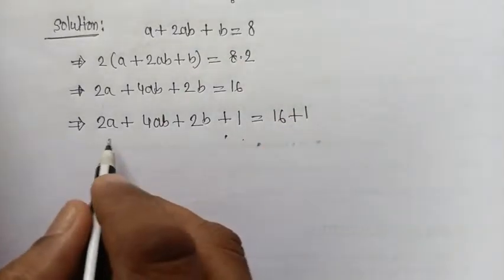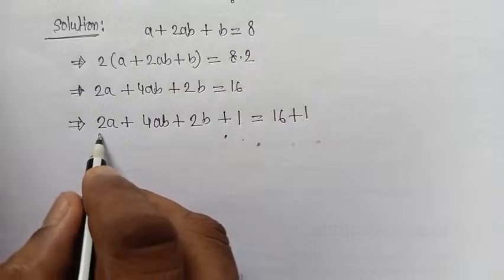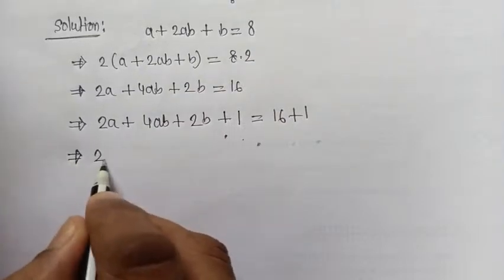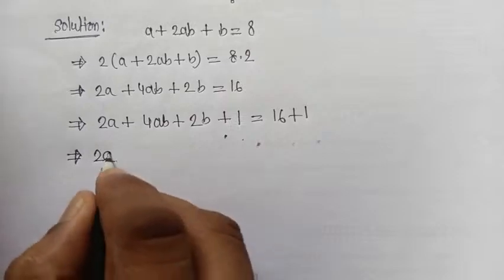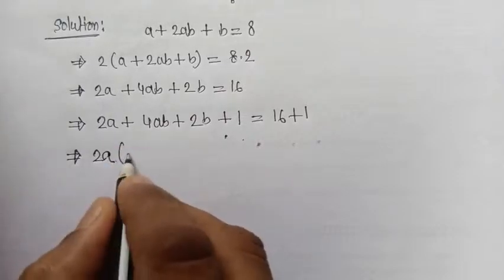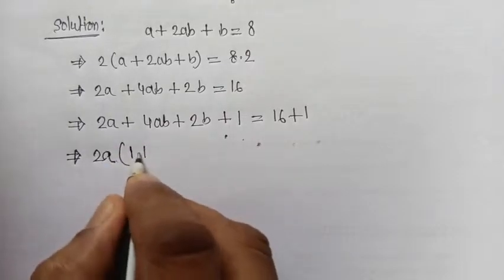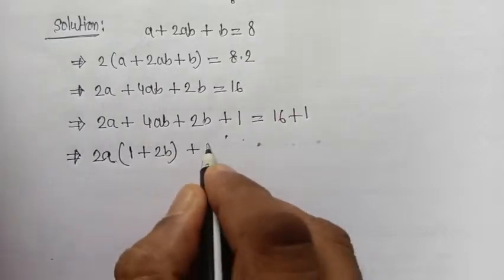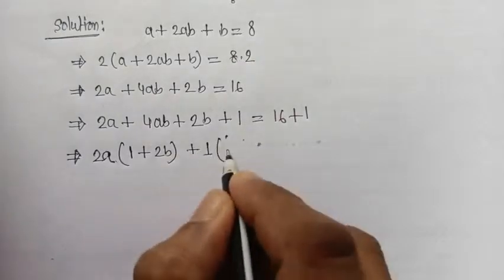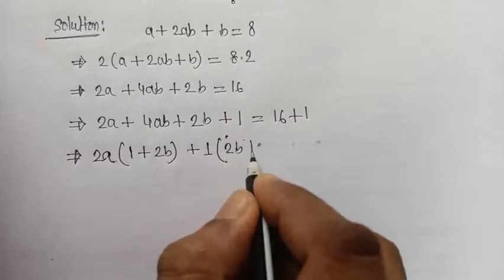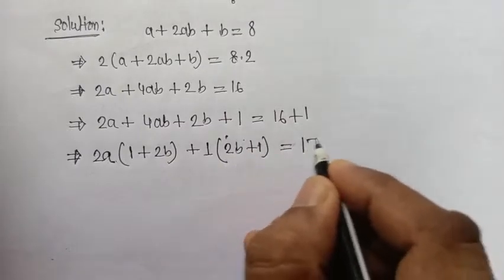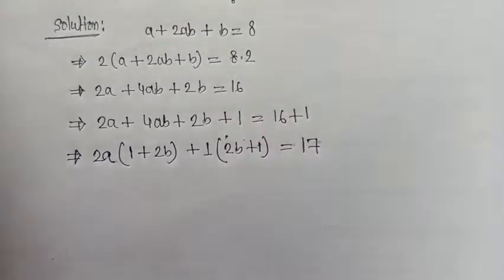So here we can take common 2a, which gives 2a into 1 plus 2b, and if we take common 1, that will be 2b plus 1, and the equation will be equal to 17.